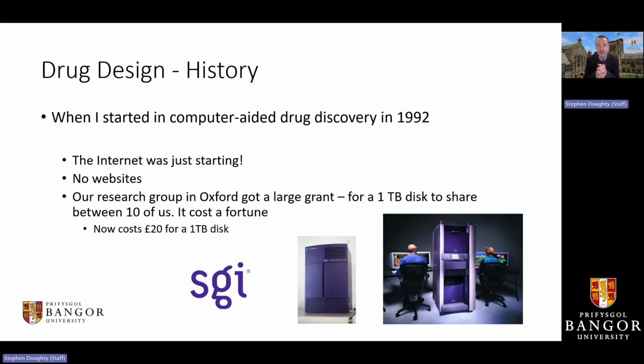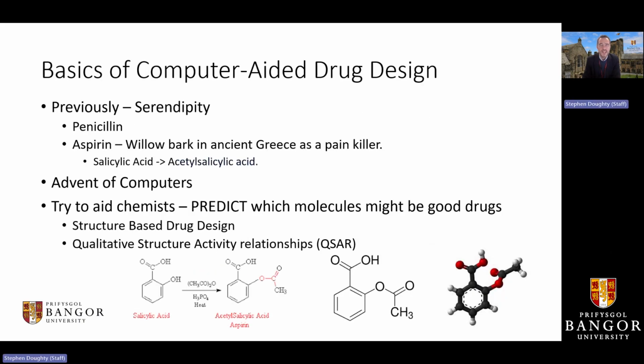Back then, we got a 1 terabyte disk from a very large research grant that 10 of us had to share, and it cost thousands of pounds. And now you can buy a 1 terabyte disk for £20. So things were a little bit different back then. I'm going to come back and forwards to think about what the future might hold by looking back at the past a little bit.